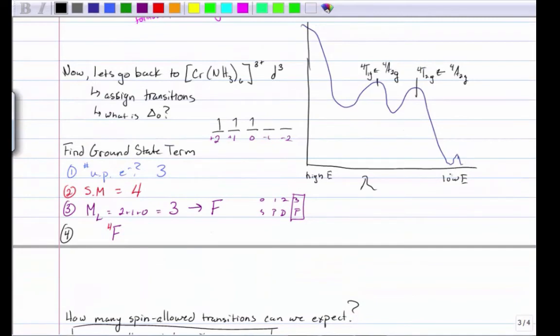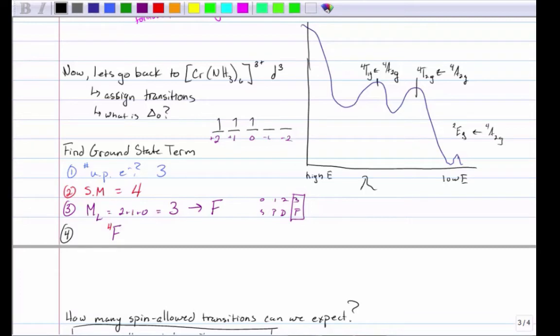So this is a low energy transition, and we're going to say that it's forbidden. What's a forbidden transition that might happen there? It has to be lower energy than the 4A2G to the 4T2G. Yeah, it could be a 4A2G to the 2EG. There's another one that's right around the same area, right? But that's a really good guess, and that is actually the case.